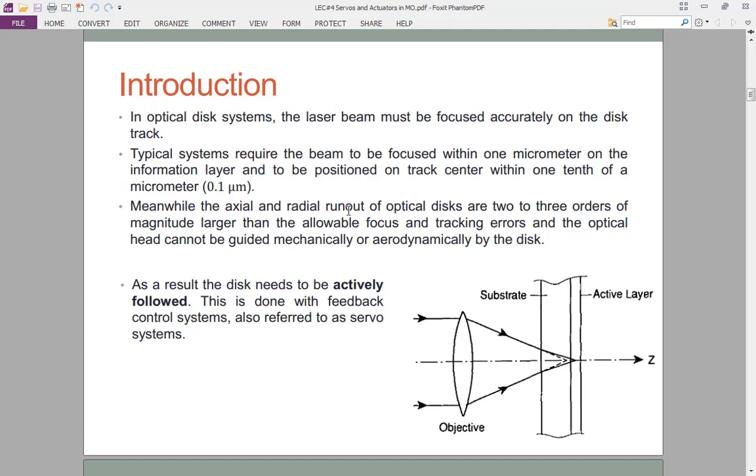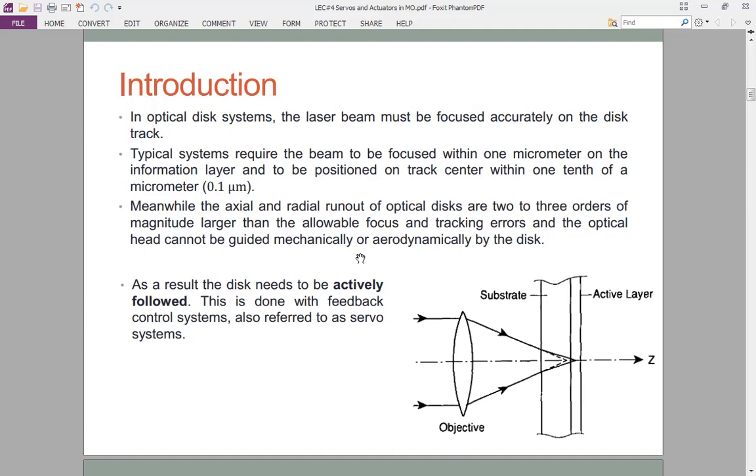So in this case, we have a spot that should always be on the track, regardless of whether the disc moves outwards or up and down. And that requires a very good optical and mechanical design, to ensure that the laser spot is always on the track.